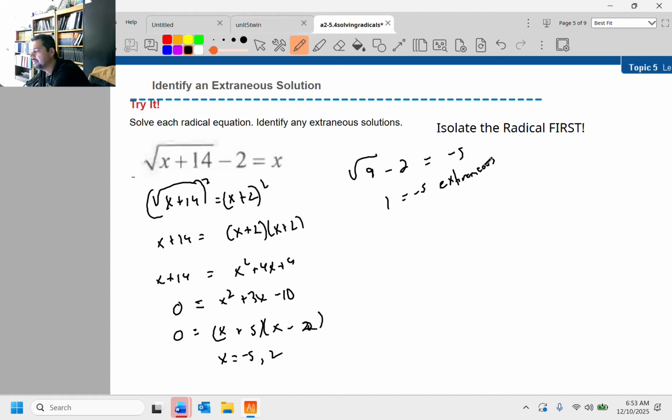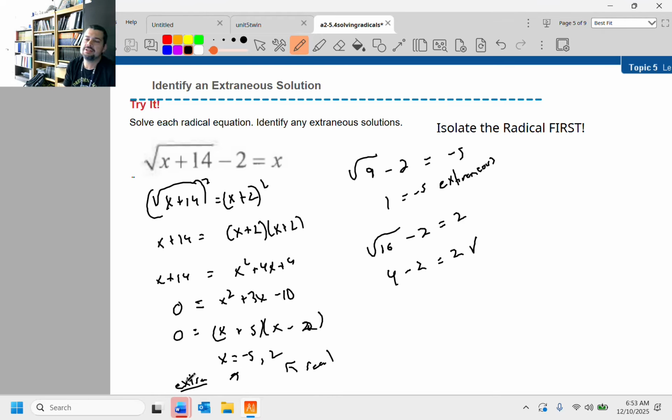It did not work. If x is 2, you're going to have the square root of 16, because 2 plus 14 is 16, take away 2 being equal to 2. That's 4 minus 2 being equal to 2, which is true. So real, extra. The main thing in extraneous is just the extra part. It is an extra answer. It's just not right.